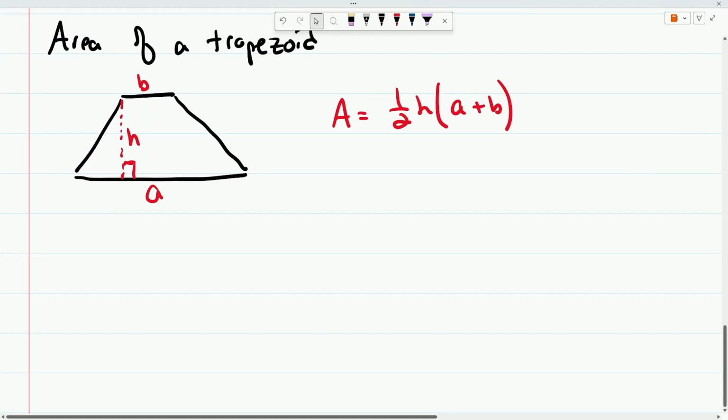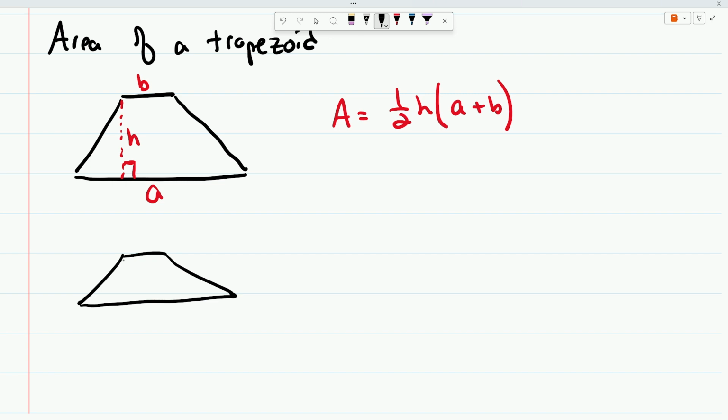So an example using this formula would be something like this. All right, so we're going to make this height 13 feet. We're going to make this length 32 feet. And this length 46 feet.